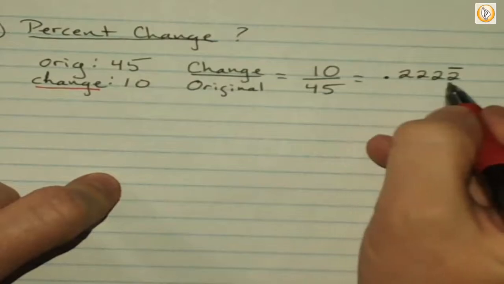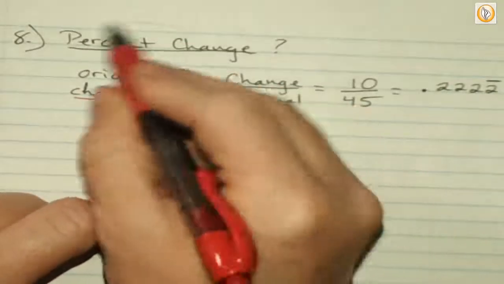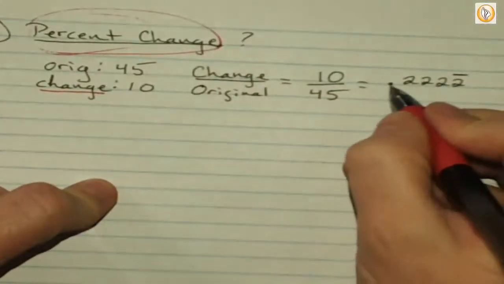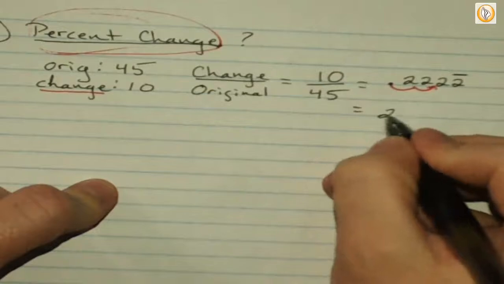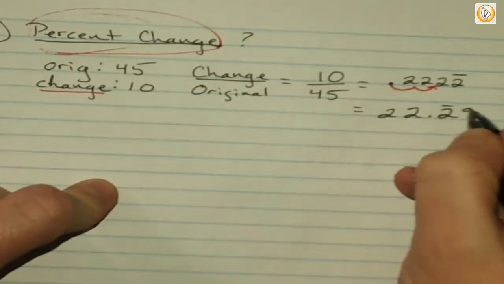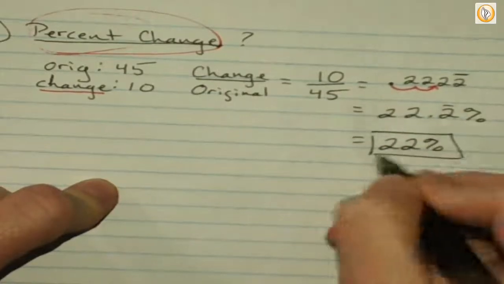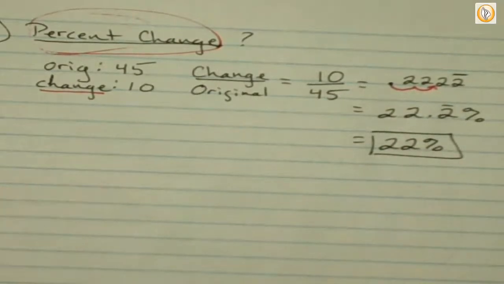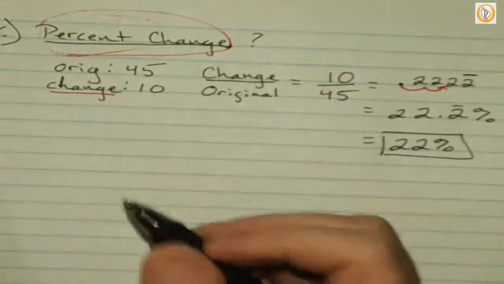That's right, we have to change it now to a percent because they're asking what's the percent change. So when they ask for it, you have to change it to a percent by moving the decimal 2 places to the right. And I get 22.2 repeating percent, so it's just 22%. We round. So sit back, tell me if you have any questions. This time they gave us the change, so that was nice and easy.